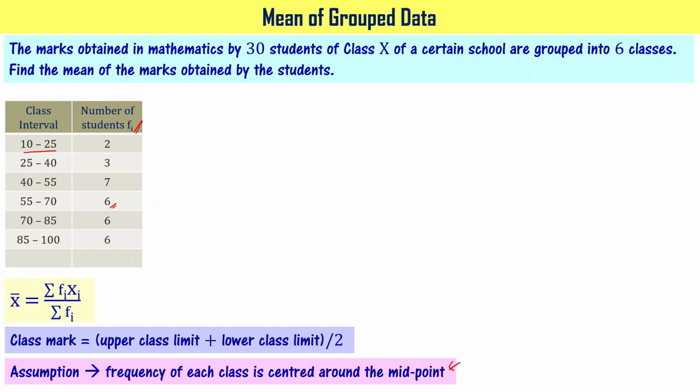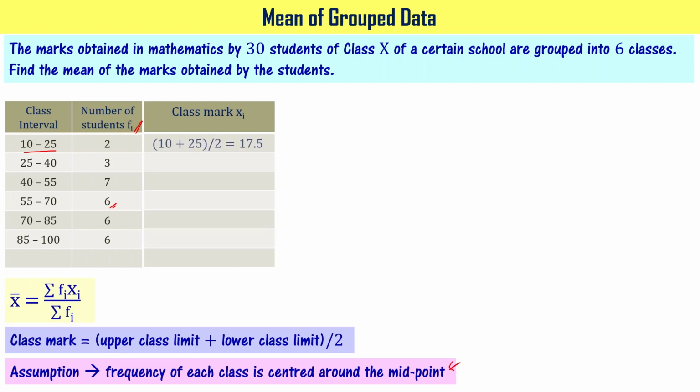For time being, let me define the class mark xi as sum of upper class limit and lower class limit divided by 2, right? The lower class limit is 10 and upper class limit is 25. Sum them and divide it with 2. That's how you get 17.5. That is the class mark of first class.